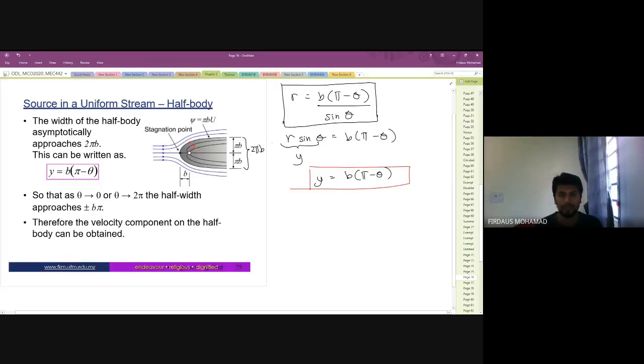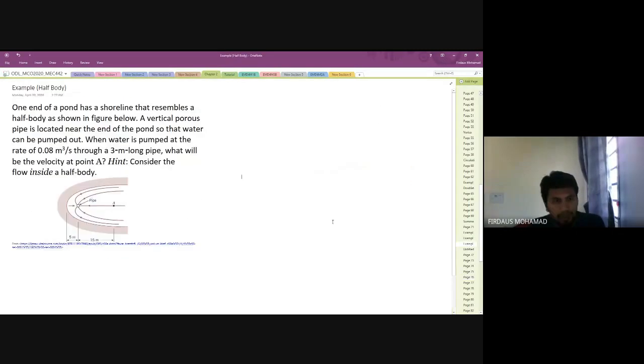So we can determine the coordinate, or point, along this streamline. Okay, let's try to solve this example.